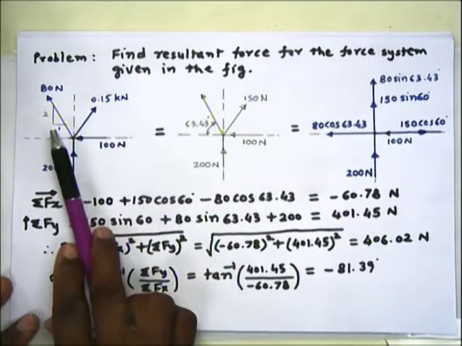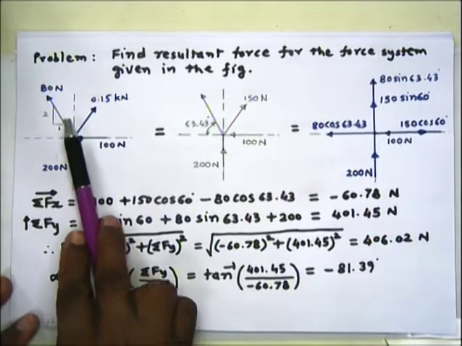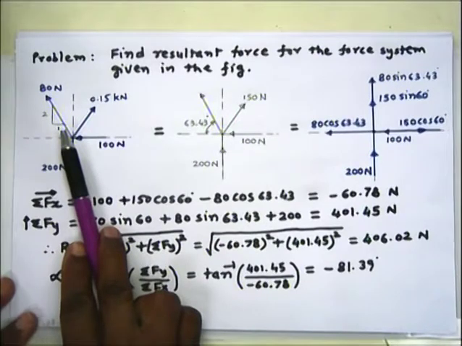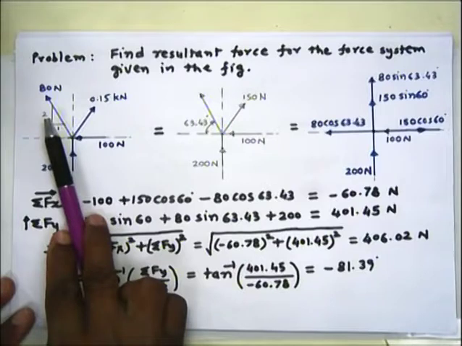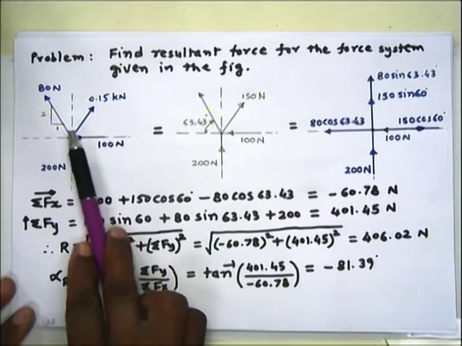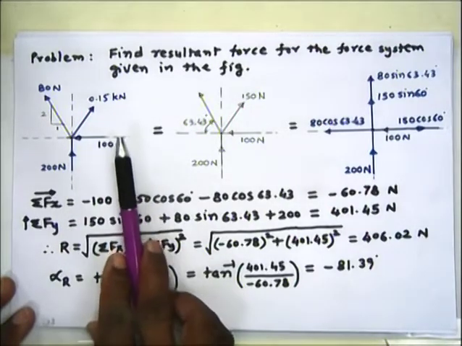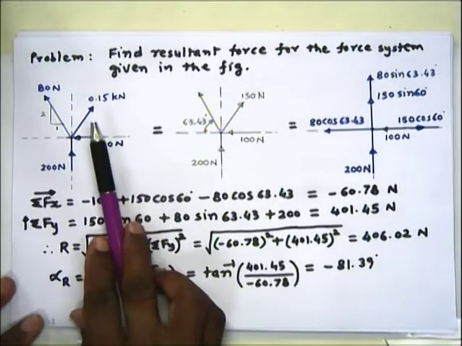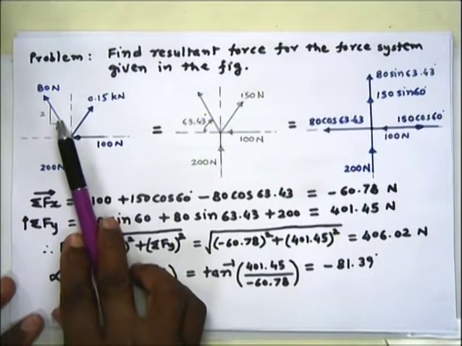Then you can also see that this force is inclined, but its angle of inclination with the axis is not given. It is given in terms of this vertical value and horizontal value. So we will have to find the angle of this force. For this triangle, tan theta is equal to 2 by 1.